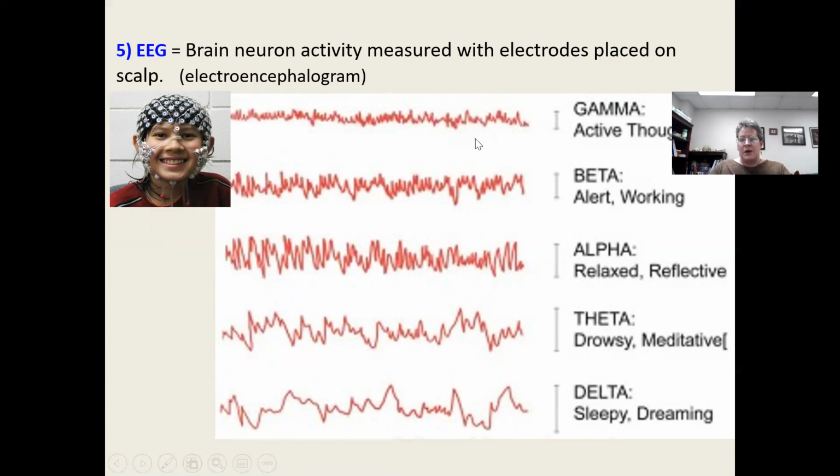Okay. All right. Well, anyway, so don't memorize the waves, but just know its use is it can tell you based on the types of waves you see when a person is doing different things. If you see abnormal waves, it tells you something's wrong.